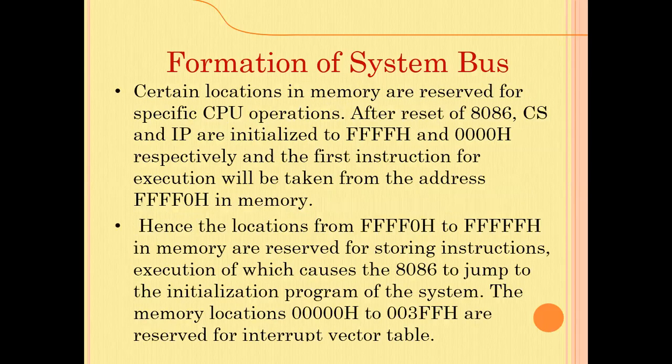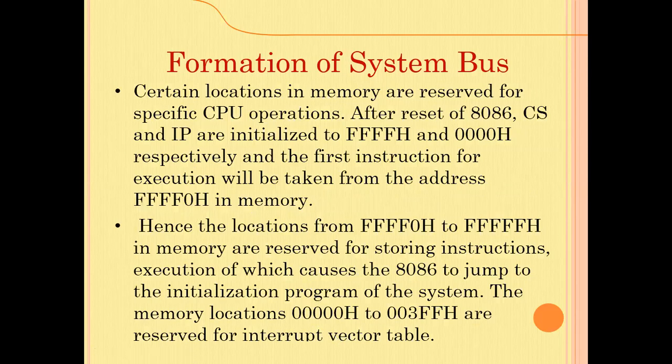And among the 1 megabyte of memory, some part is useful for storing the interrupts, and some other is reserved for some instructions. If you observe here, 00000H to 003FFH is useful for the interrupt vector table.